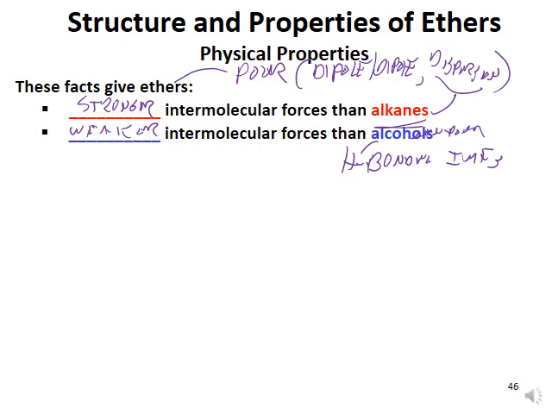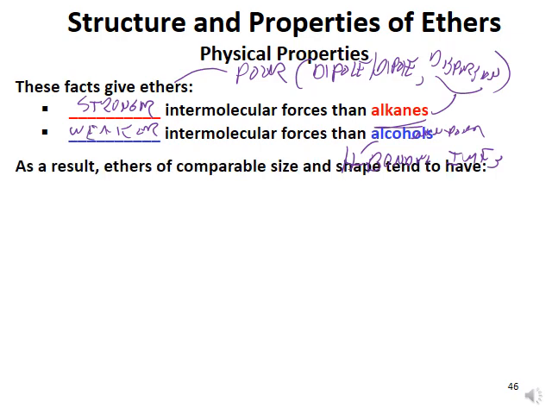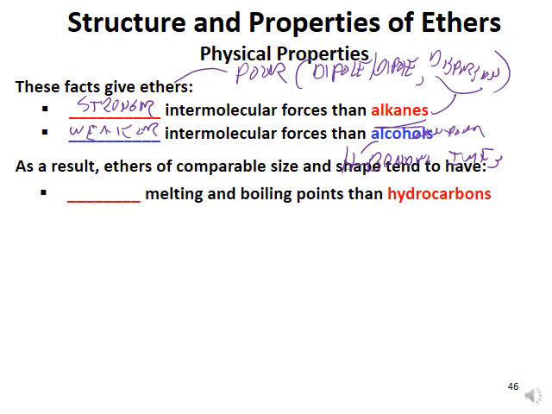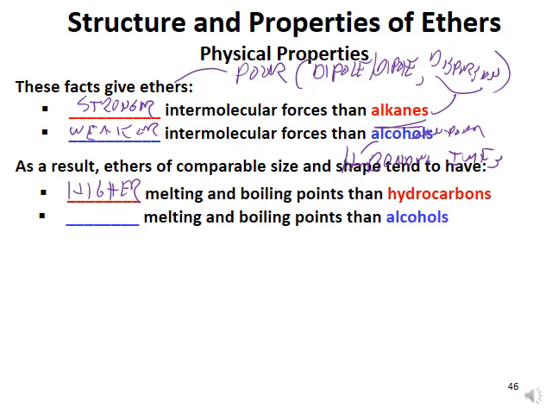So therefore, the boiling point should be in between. So they're higher melting points than the hydrocarbons because they have more ways to hold on to each other to keep from going into the gas phase or the liquid phase, but lower melting points and boiling points than alcohols because they're not holding on as tight.